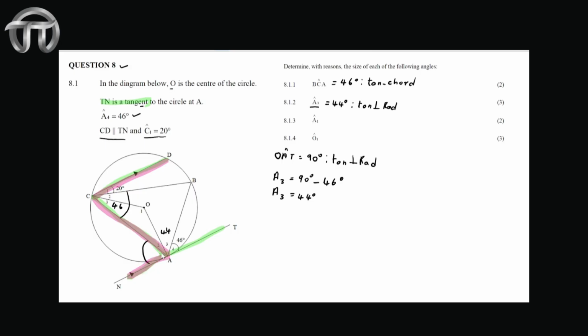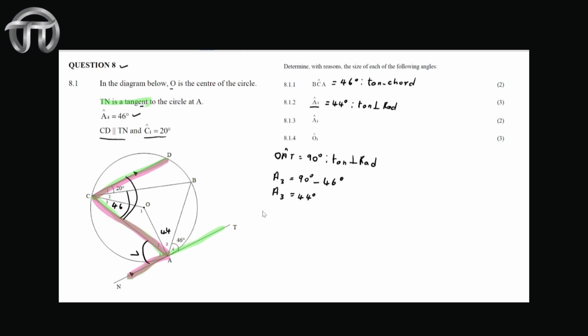What does it mean? It means that angle A1 is alternating with the other angle up there. The total angle here is alternating with this one. So it means that DCA is equal to 20 degrees plus 46 degrees.